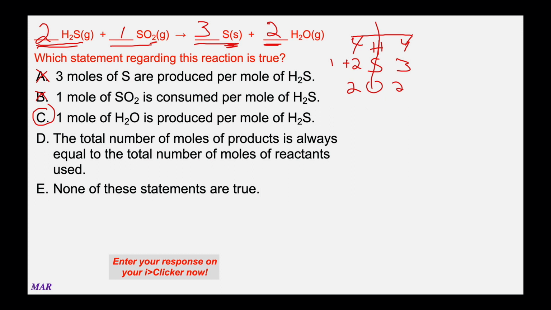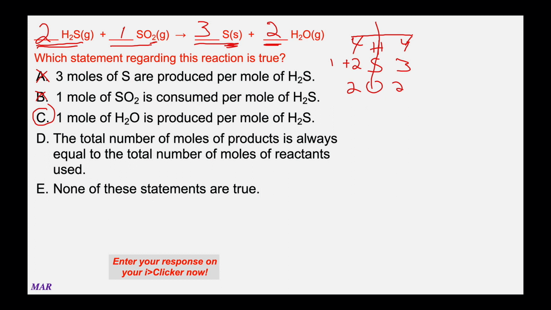D, the total number of moles of products is always equal to the total moles of reactants. That is not the case. You can see from this reaction, which is balanced, that we don't have that. There's a 2 and a 1 on the reactant side, so that would be 3 moles of reactants. And on the product side, there's a 3 and a 2, 5 moles of products.